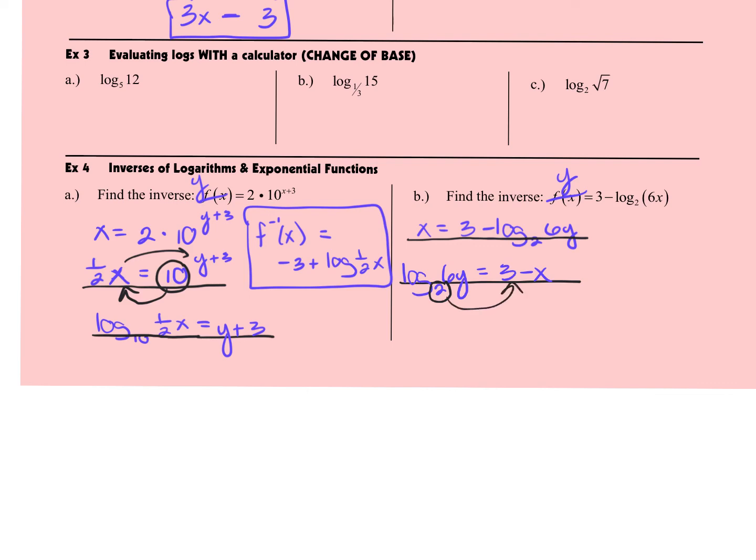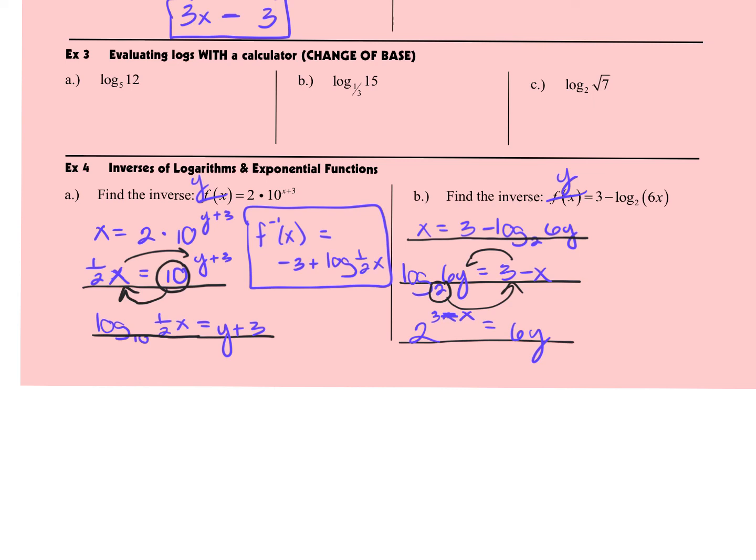I'm going to give myself a line for my next step. So it's going to become 2 raised to the 3 minus x power. Sorry, I did not mean to write 3x. 3 minus x equals, I'm going to come back around, equals 6y.